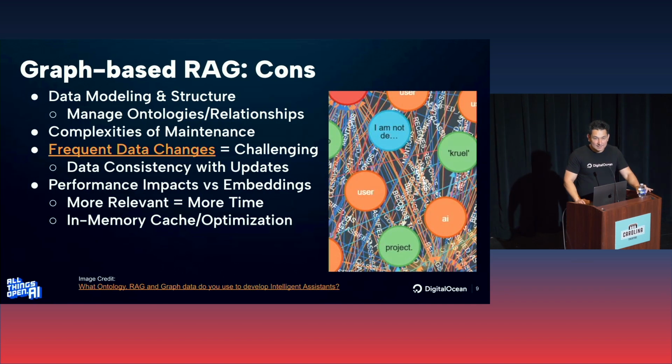So, the cons. The first word that I said in the pros category is also the con. The problem is it's structured. You have to provide structure to the data that you're ingesting, and it's up to you how that data gets structured and what it looks like. So it's on you to manage the ontologies, the relationships between two different pieces of data or two different things.